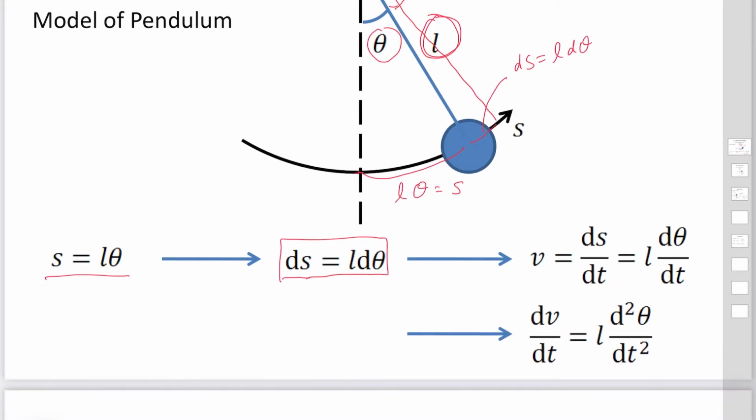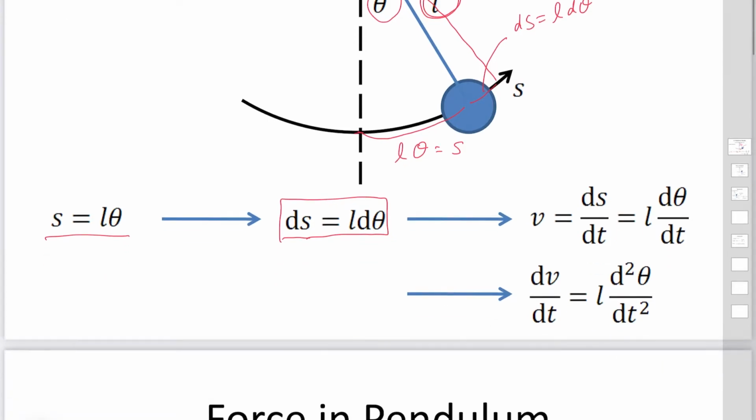Then the velocity of our object is expressed as ds/dt. If you divide both sides of the equation by dt, it becomes L d theta/dt.